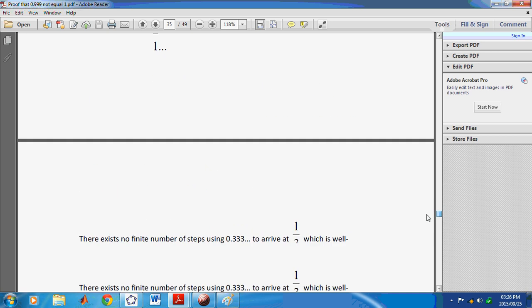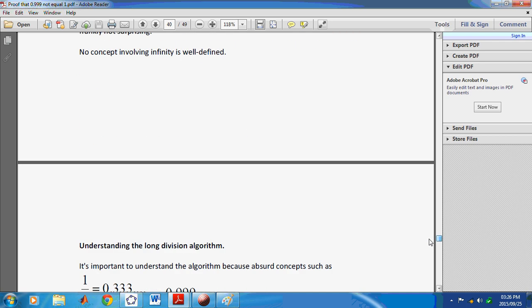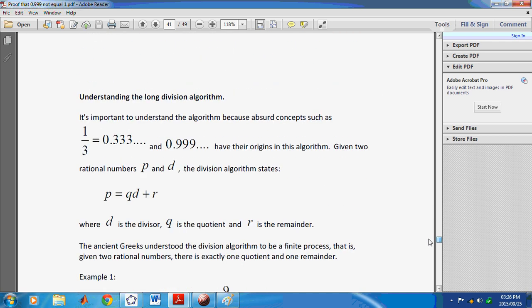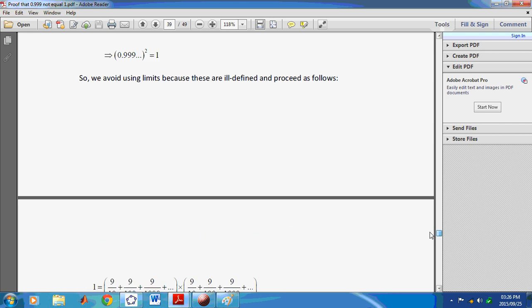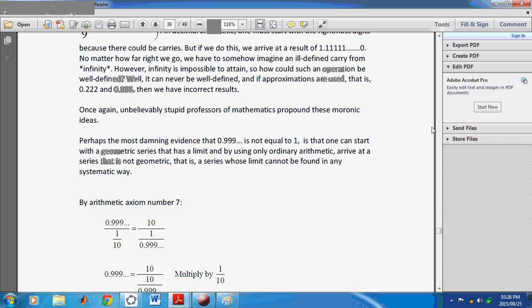I would recommend that you read it and study it carefully, because it makes a big difference when you're learning mathematics and you want to understand why things are the way they are. So, to summarize this whole video, 0.999 is not equal to 1, and 0.333 recurring is also not equal to a third.